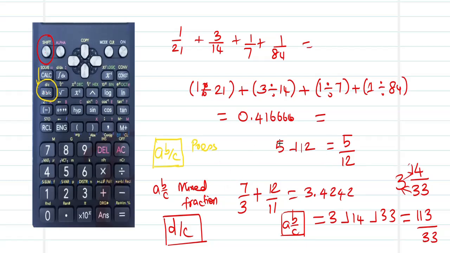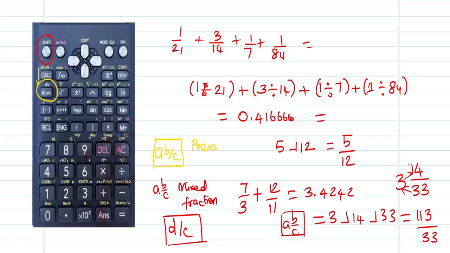In most cases in examinations, we will not be having improper fractions. We will be having only proper fractions, in the sense where your numerator is going to be smaller and your denominator is going to be bigger. So if you want to go for such an activity, then just press this button a b by c. It will give you the answer directly.